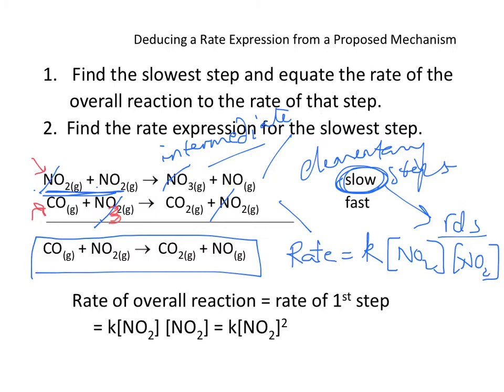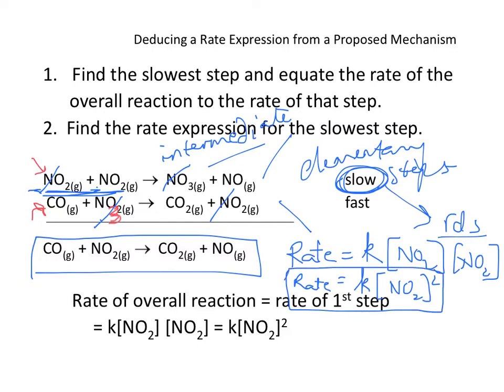I'm not worried about what the order would be, because realize only if it is an elementary step, which by the way is the simplest possible step, I can use the stoichiometry equivalence as is, only in case of the elementary step, nothing else. And that gives you rate is equal to k times [NO2] squared.